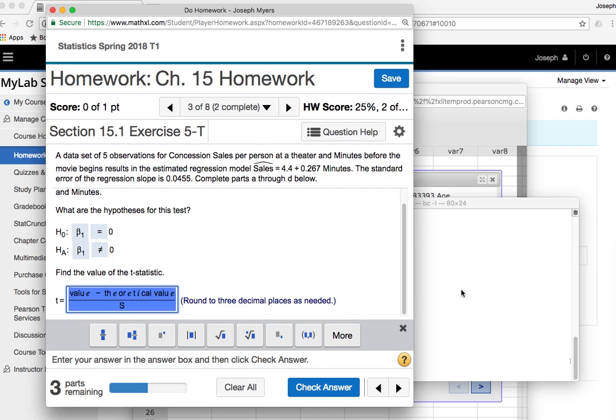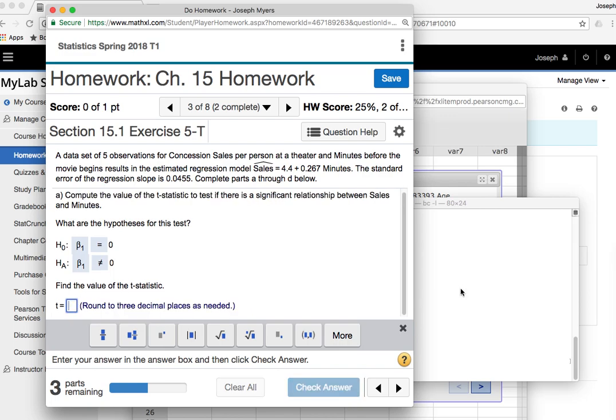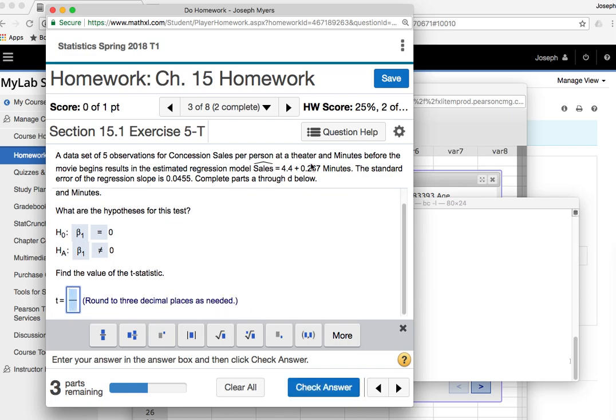So the value that we actually got for the slope was this number right here, the coefficient of the independent variable, which is 0.267, and that's called B1. 0.267 minus the hypothesis value, which is 0, and then divided by the standard deviation of B1, which is right there, 0.0455. And of course 0.267 minus 0 is just 0.267.